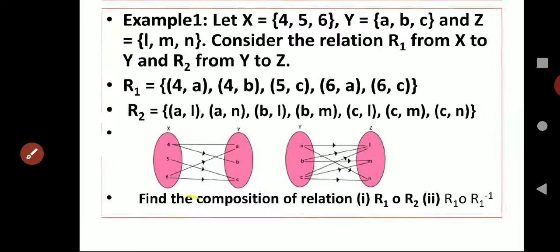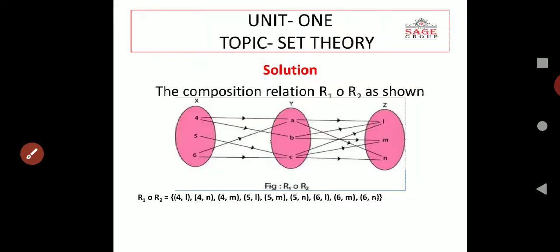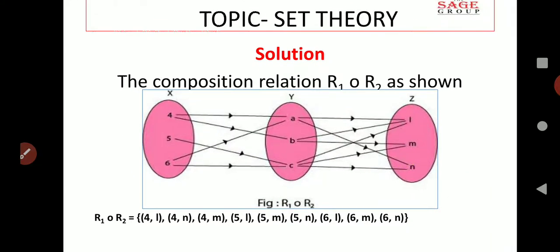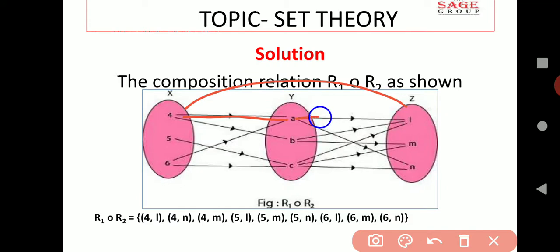Now we have to find the composition of relation from R1 and R2, which is a relation from X to Z. We have 4a and a to l, so we have a relation from 4 to l. So the first value of R1 o R2 is 4l.